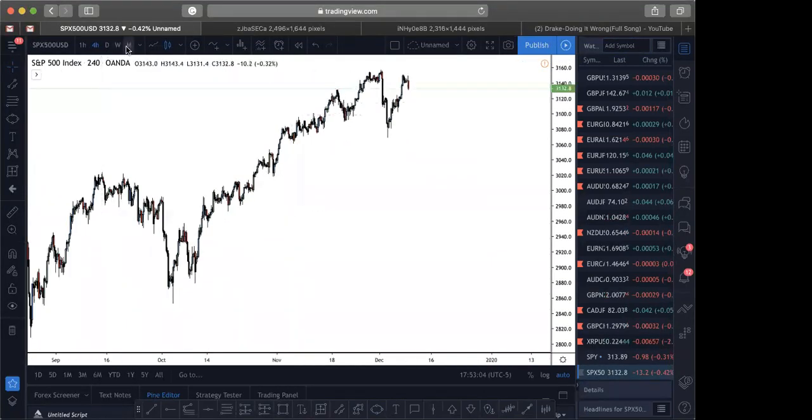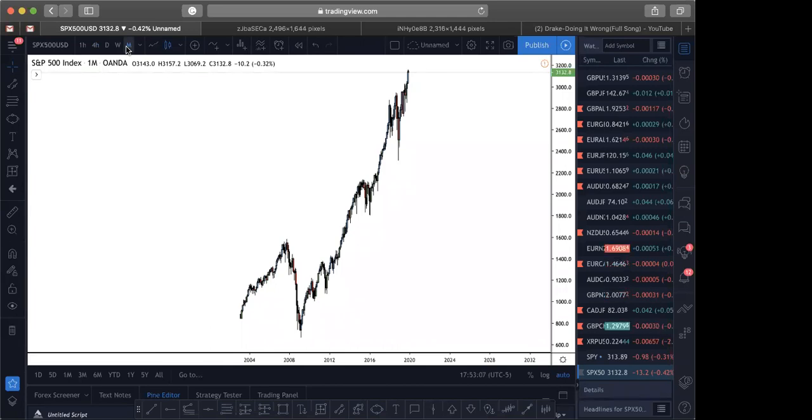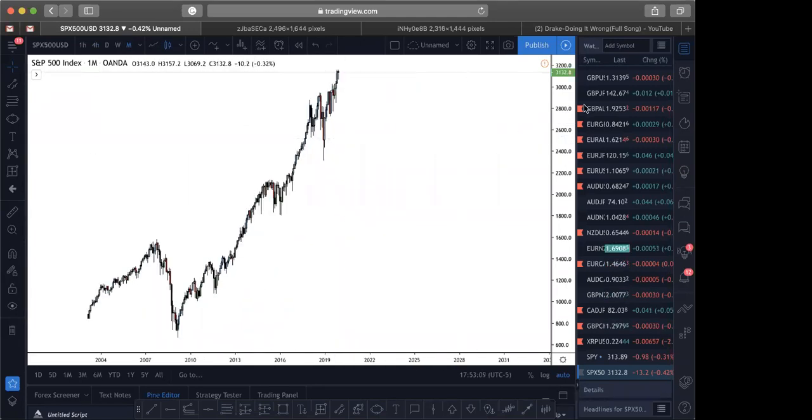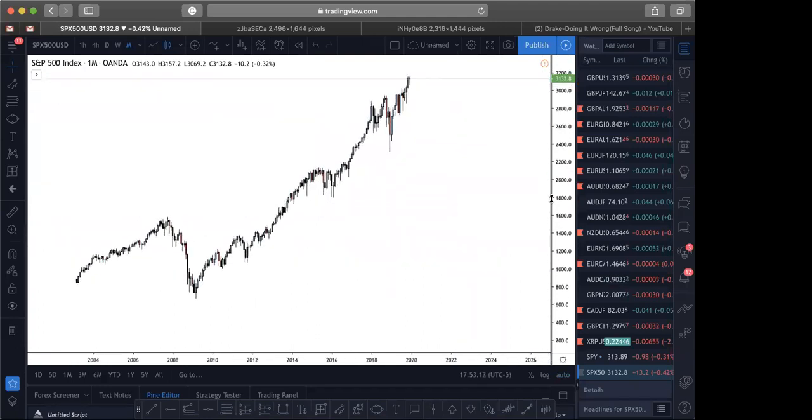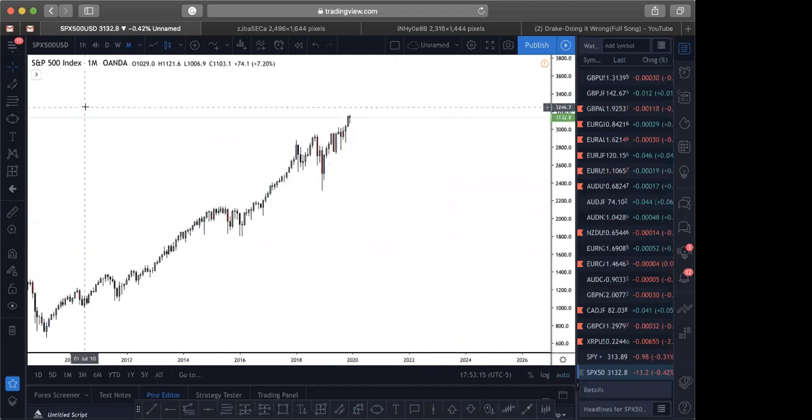Okay, so I mean the S&P 500, top 500 companies, is at all-time highs. So, multiple time frame analysis. Basically, the trend has just been going up, right?